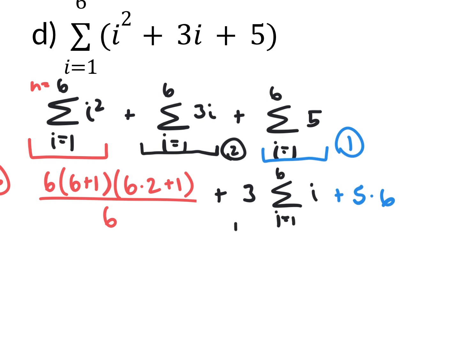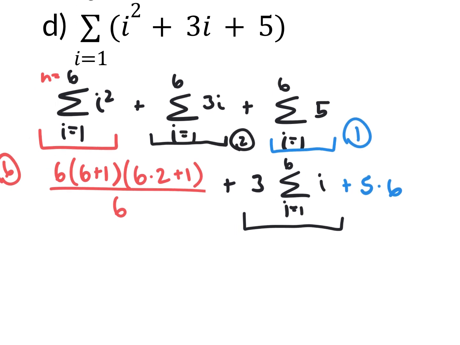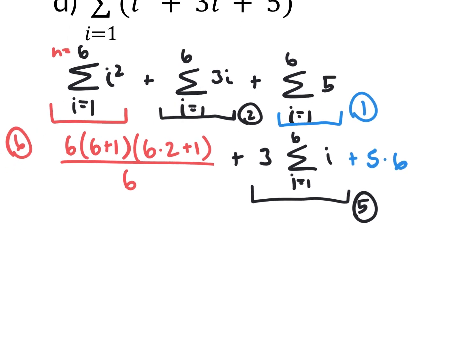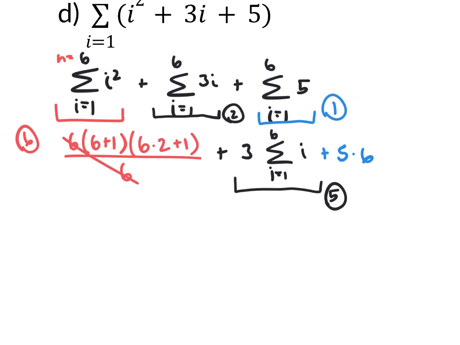So which property would I use to simplify that one from above? Property 5. So, yeah, we got to make sure we don't forget the 3. Thank you. So I'm going to simplify this. 6's go away. I'm left with 7 times 13. Then I've got plus 3 times. Don't forget that 3. Our formula is n, which is 6.